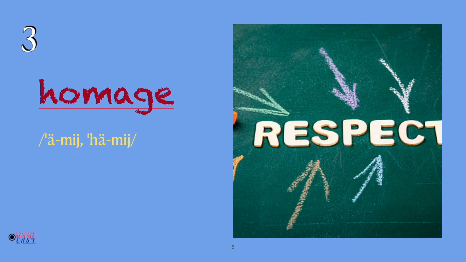The letter A takes a short I sound, and the letter G takes a J sound, as in January. Now, you see that both variations are similar in pronunciation, except for the letter H, which is present in the second variation and not in the first.